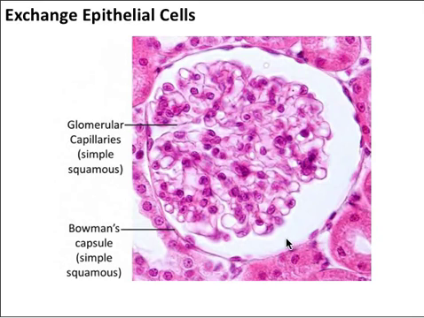You can see an example here in the kidney where the simple squamous epithelia located here produces the parietal layer of the Bowman's capsule, and then in the capillaries of the Bowman's capsule simple squamous epithelia form part of what we call the transport membrane in the kidney, which includes the capillary endothelial cells, the basal lamina, and then specialized cells called podocytes that form the superficial aspect of the visceral layer.